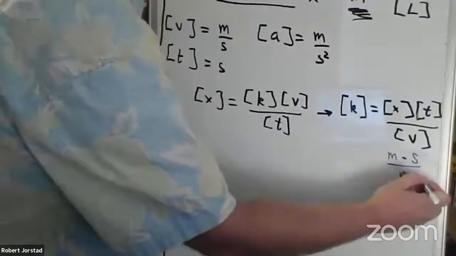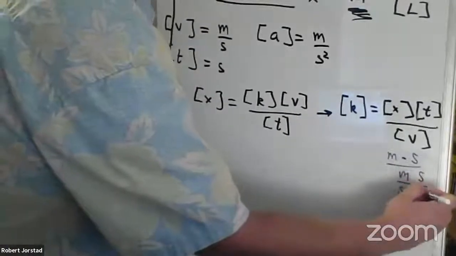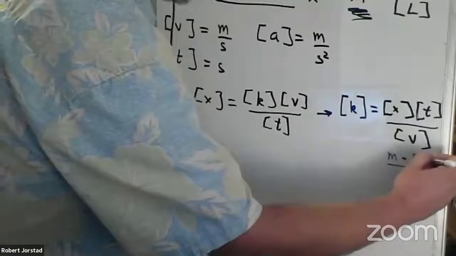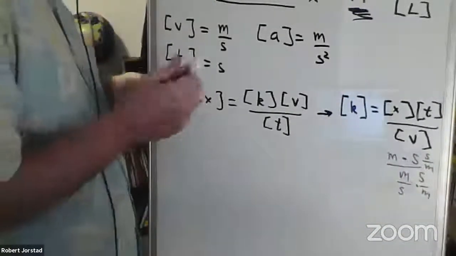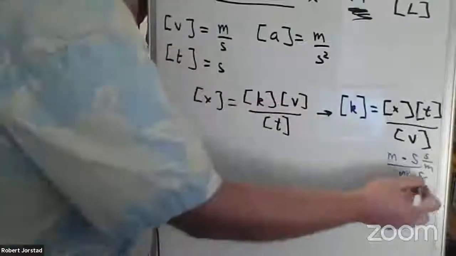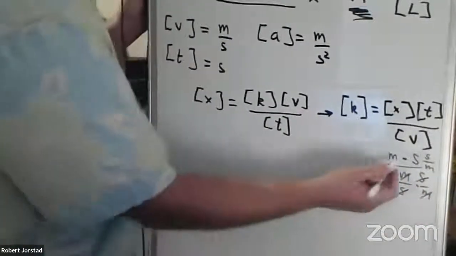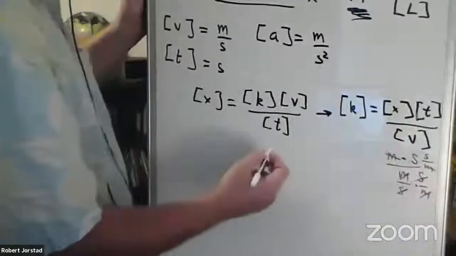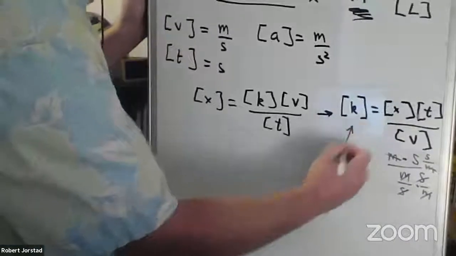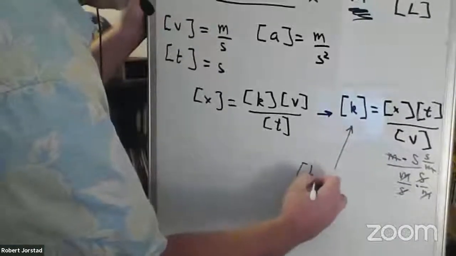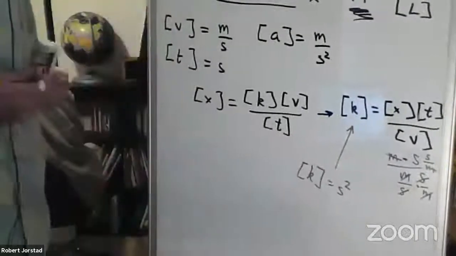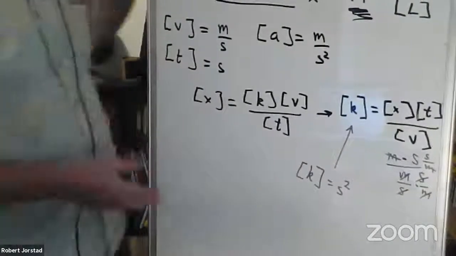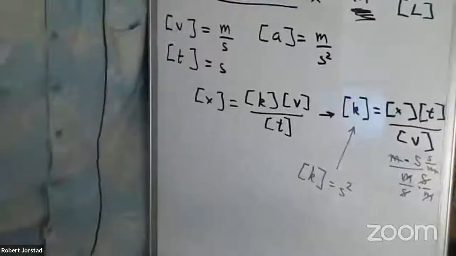I get this out of the denominator by multiplying by seconds over meter on the bottom and the top. What happens on the bottom? Seconds cancel, meters cancel. On the top, meters cancel. And it looks like this has units of seconds squared. You could do something similar to figure out the units of that constant b.